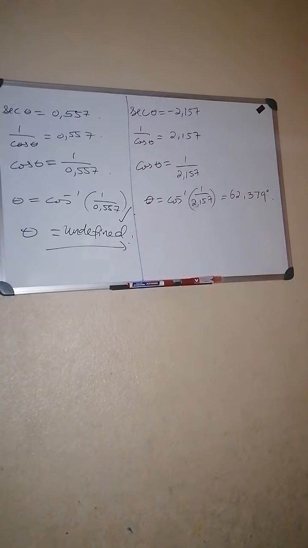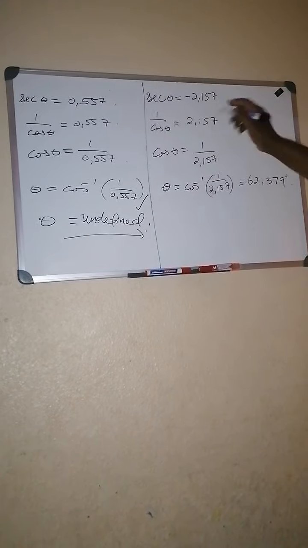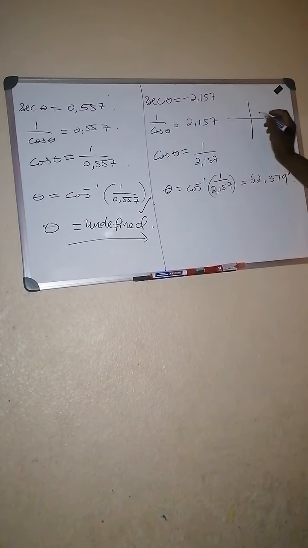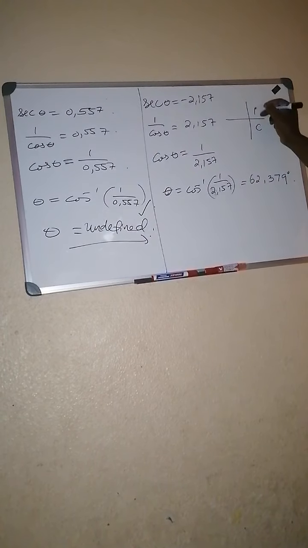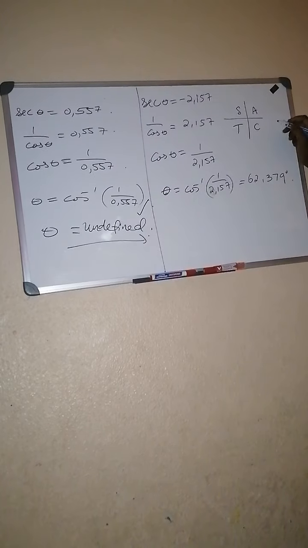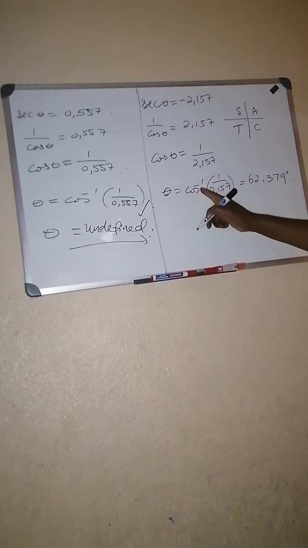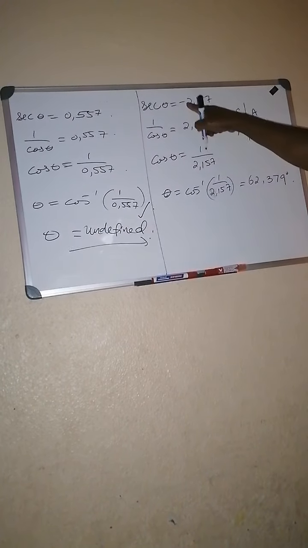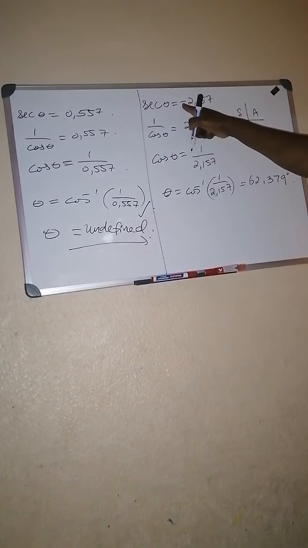Now this is the time where I need to explain why the negative is not taken. If we look at the CAST rule, where we are saying that cos as a ratio is negative in which quadrants?